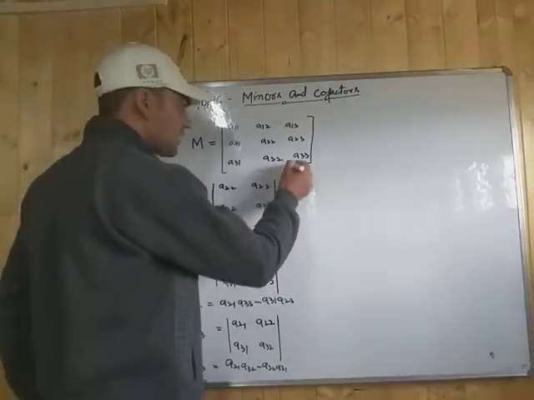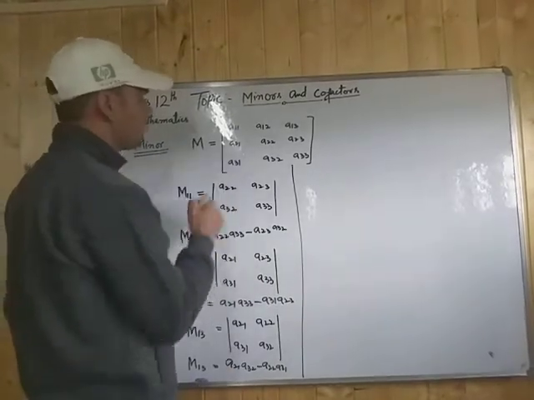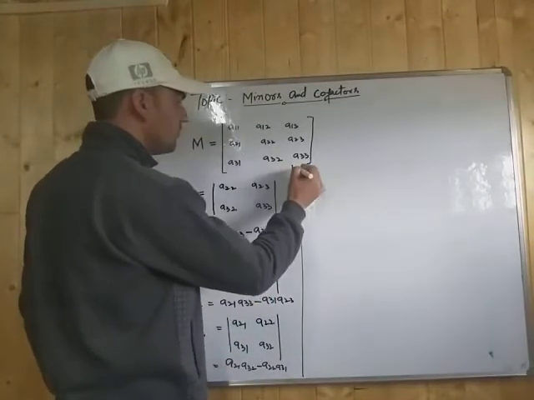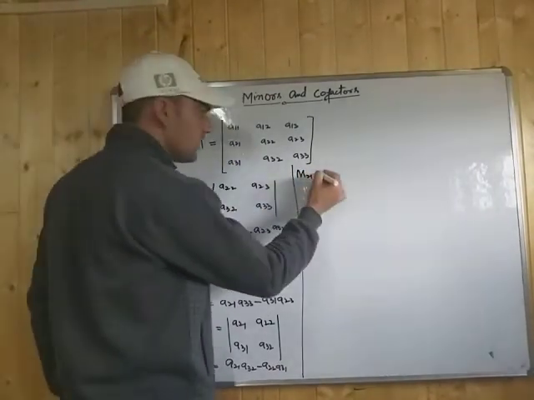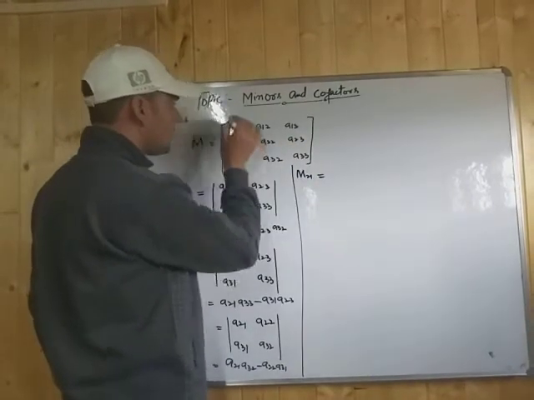Now next, if you take M21, the next minor, at this position we calculate the minor by deleting the second row and first column.